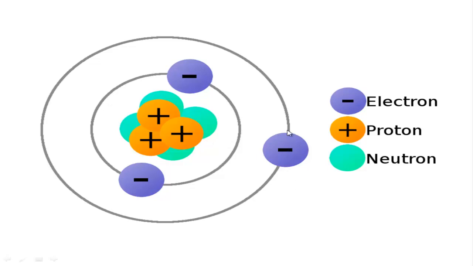Now follow this picture. Here I have given a plus sign on the yellowish ones, that means on protons, and a minus sign on electrons. Why? Because the charge of a proton is positive and the charge of an electron is negative, but on the neutron no sign is given, that means the neutron is chargeless or neutral.